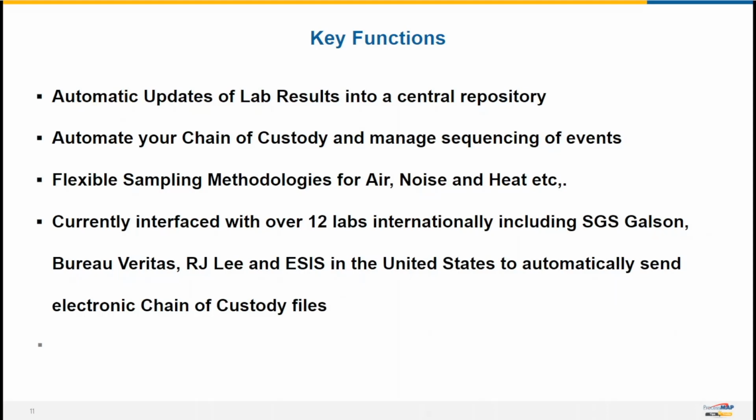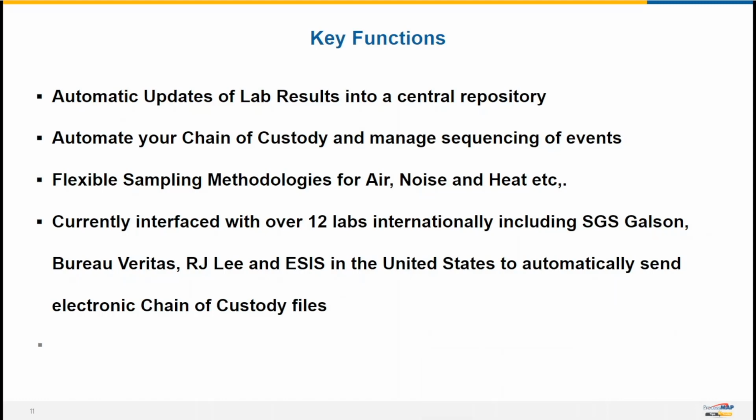So the primary focus here is to simplify this process by providing a single enterprise-wide system for the qualitative assessments, sampling and exposure monitoring, reports, notifications, and managing the action items out of it.